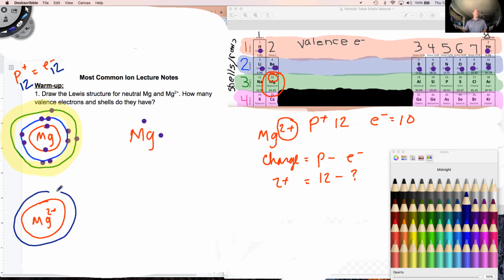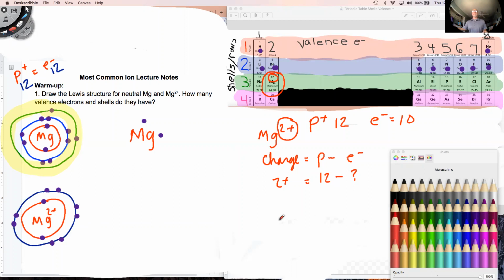And as we're sitting here, we're going, okay, well, I don't think we need that third shell because we don't have the electrons for it. So how many electrons are on our first shell? 1, 2. And our second shell is full. So the second shell is stable. So we have 1, 2, 3, 4, 5, 6, 7, 8. There it is. And this pretty much wraps up our shell model.